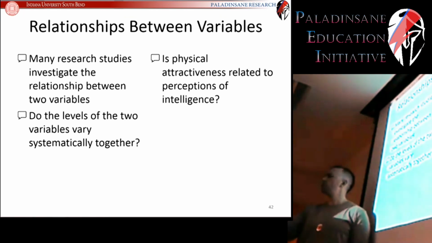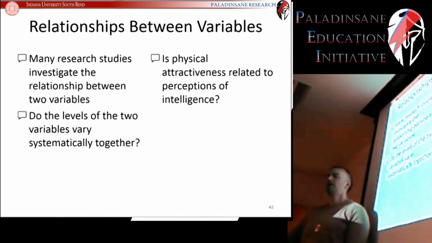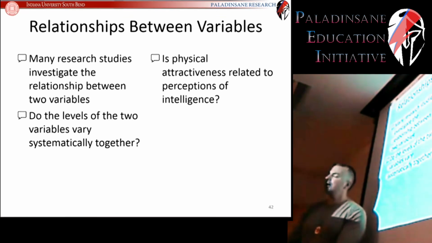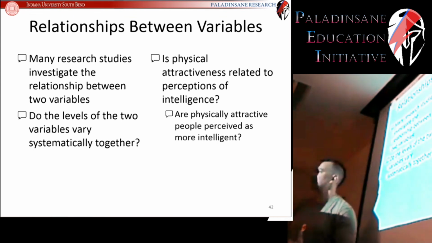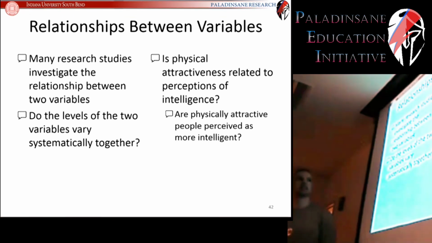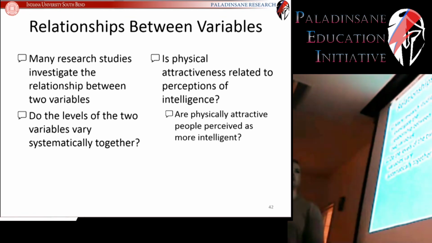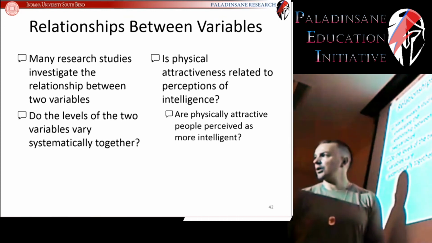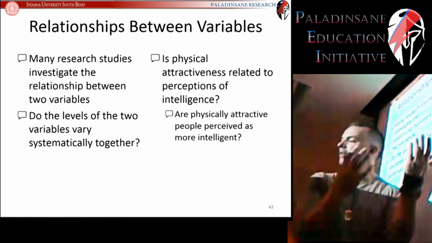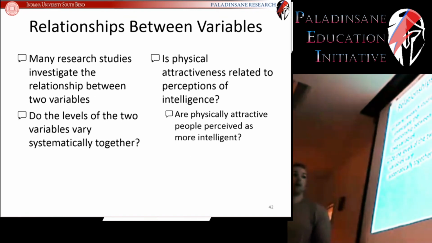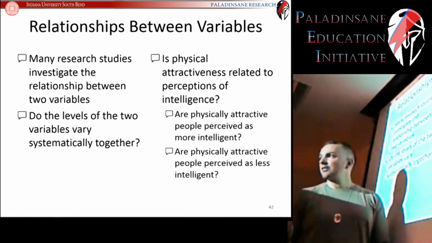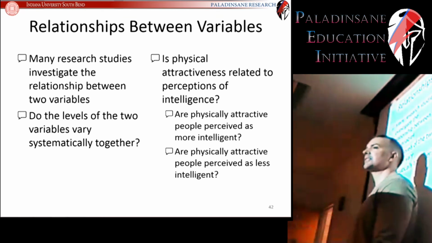How intelligent you perceive somebody else to be changes depending upon how they look, what they're wearing, other factors. So they're variables, and we just want to know, do they vary systematically together? Another way to say this is, are physically attractive people perceived as more intelligent? Is the halo effect actually at work here? Or maybe are physically attractive people perceived as less intelligent?